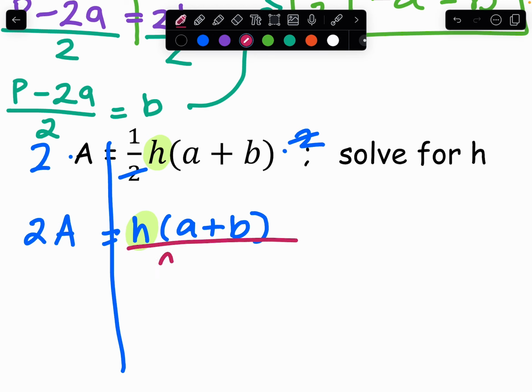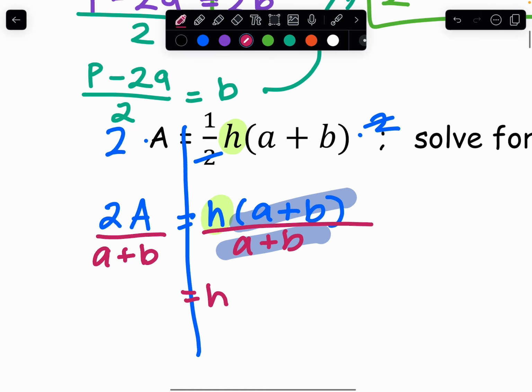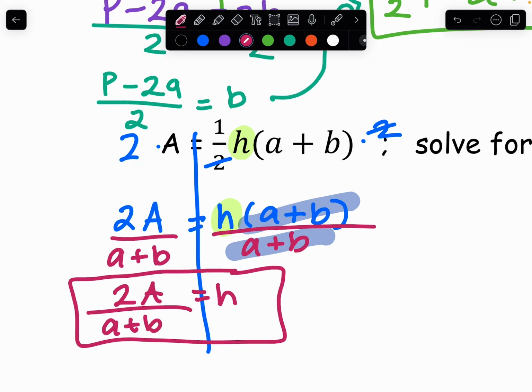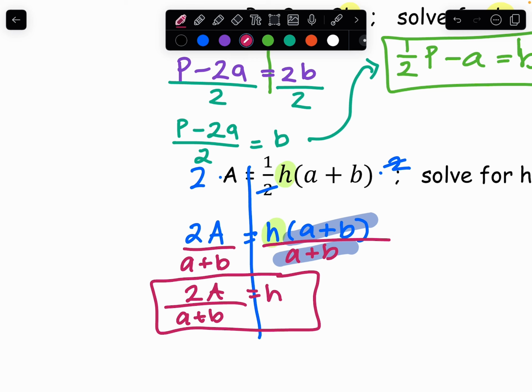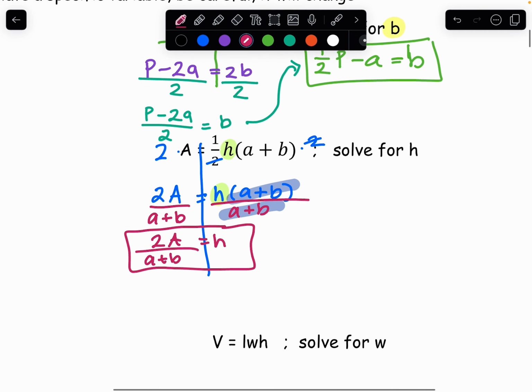So if I keep that group together, that a plus b, what I do to one side, I do to the other, they will cancel out, leaving me with my variable. And so we get 2a over a plus b. And unlike the problem above where we could separate it, we can't because the denominator is 2 terms connected together. Voila! Okay, we are doing good so far.